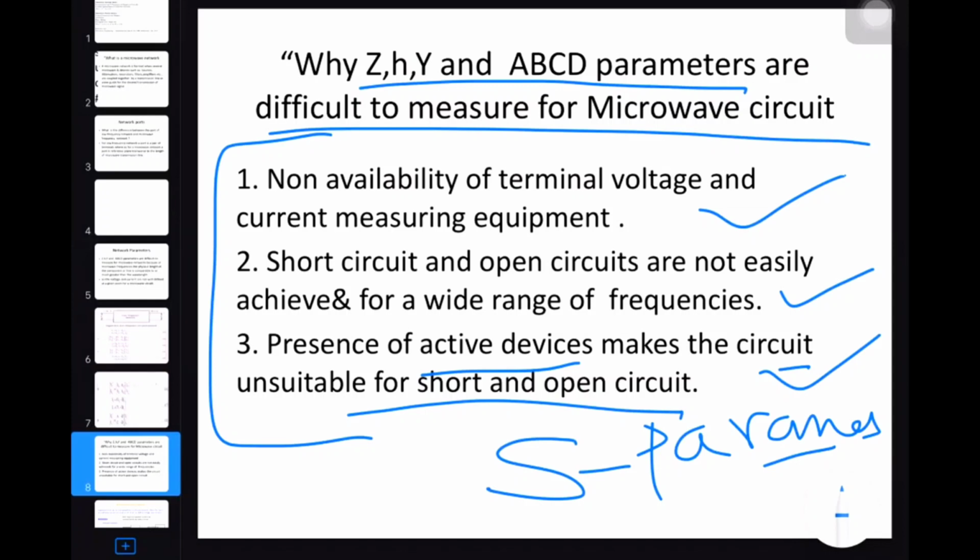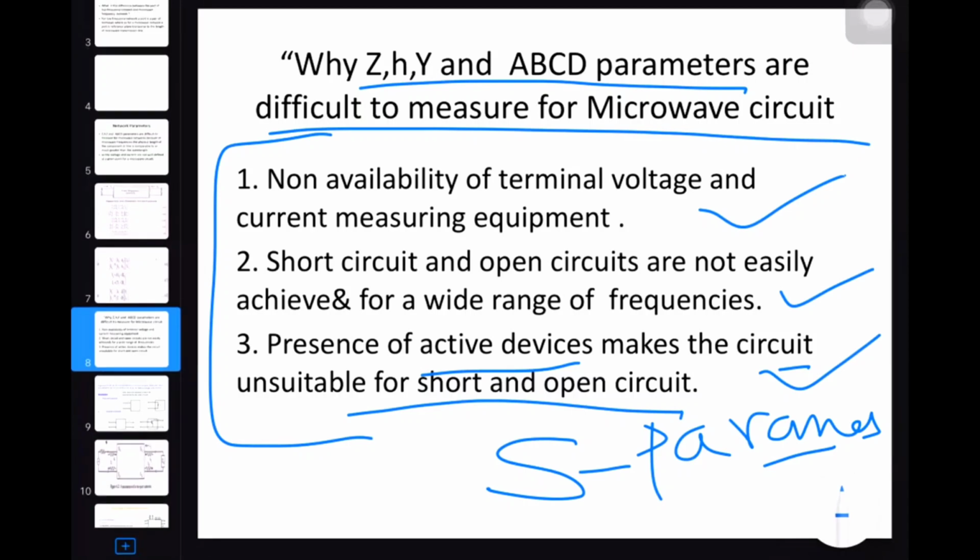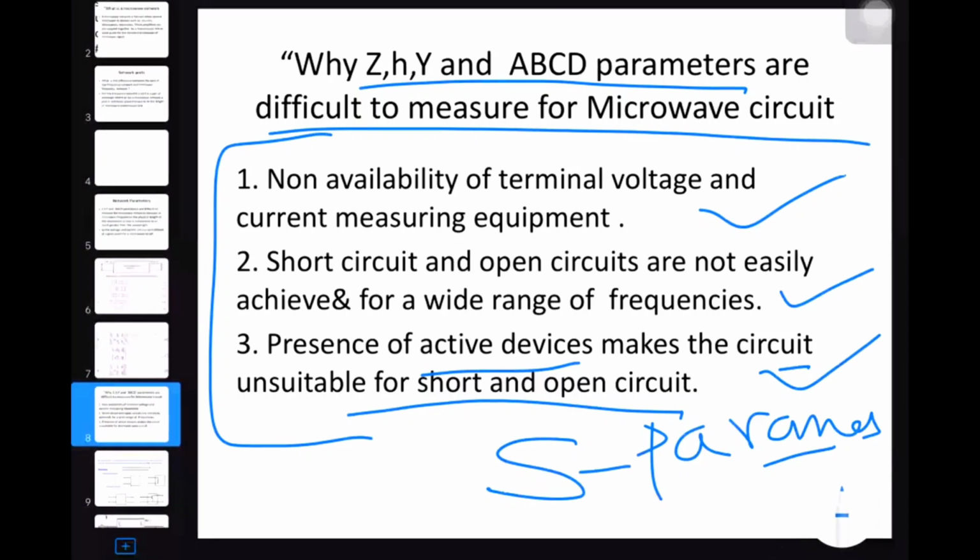And finally, we came to know the reason why we cannot analyze microwave networks or microwave circuits by means of Z and Y parameters. That is the purpose for us to study the scattering parameters, or the S parameters. From this topic, there would be a short answer question asked in the exam.